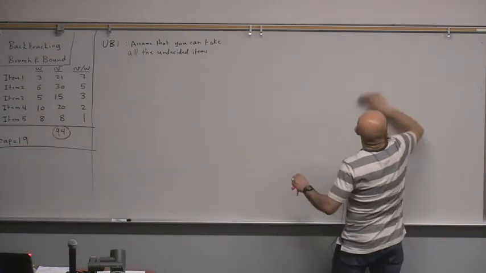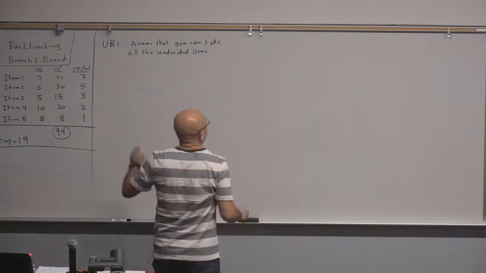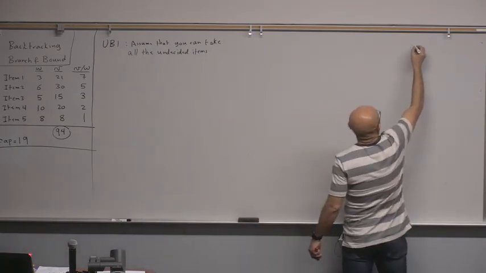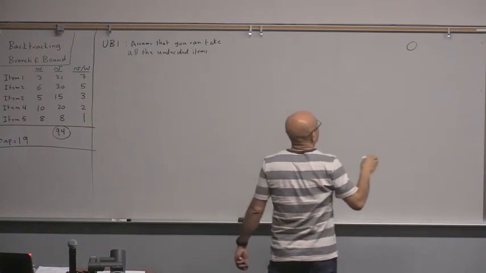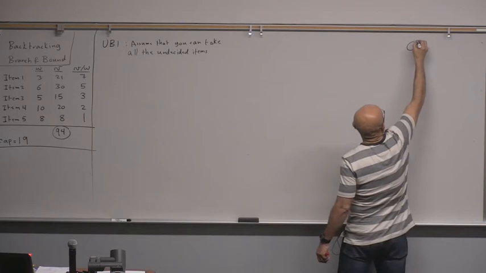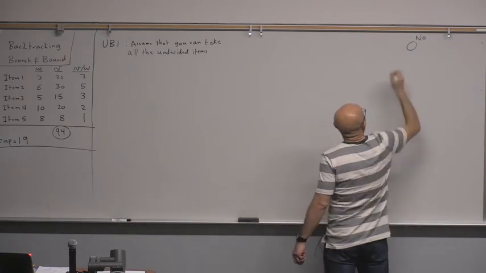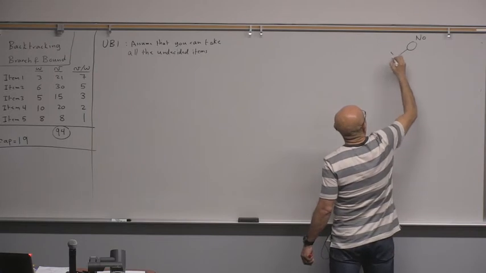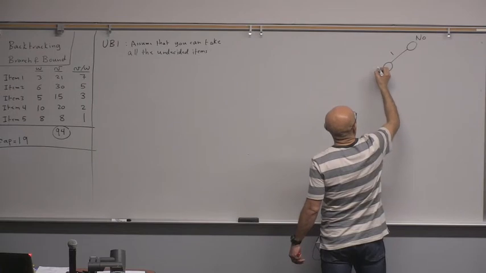Now, let's see how we can compute this upper bound for this tree. So this is the root node, node 0. And let's assume that we made a decision to take item number 1, and we are now at node 1.